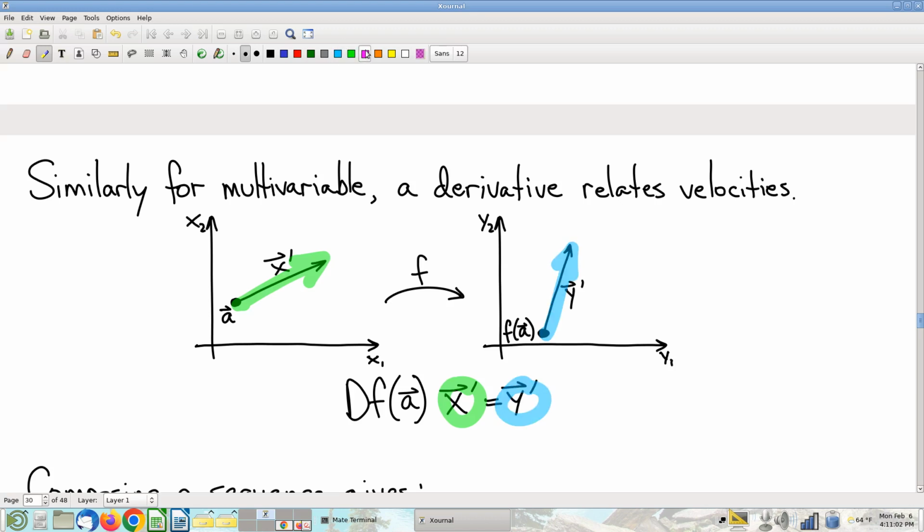Namely, the derivative is a factor that you multiply by the input velocity to get the output velocity. So now we've got vectors here instead of scalars, right? They're two-dimensional spaces instead of one. They could be three-dimensional or five-dimensional, whatever. But still, the derivative is the thing you multiply by the input to get the output. And okay, sure, it's a matrix.